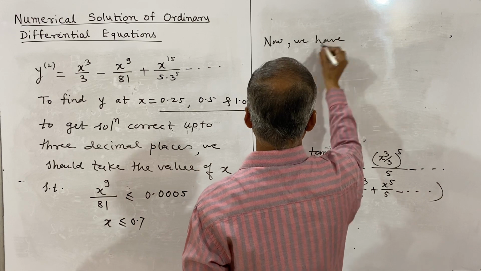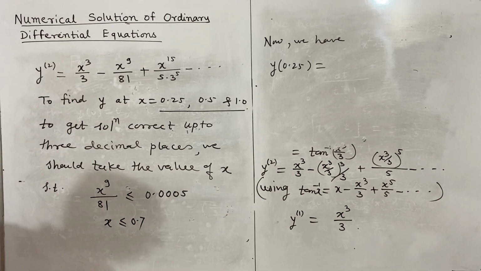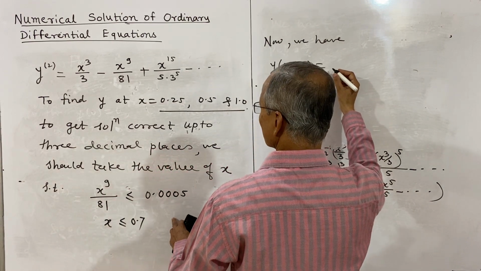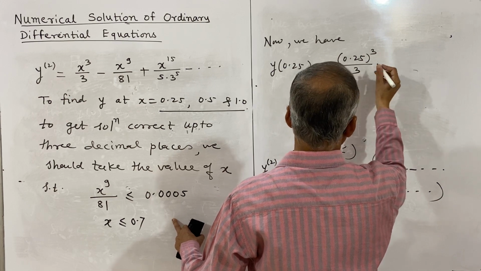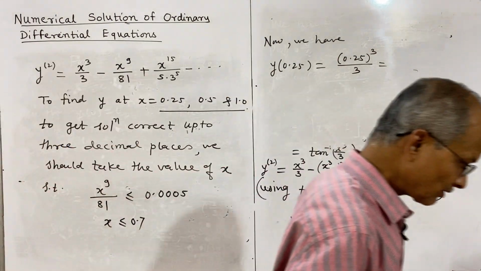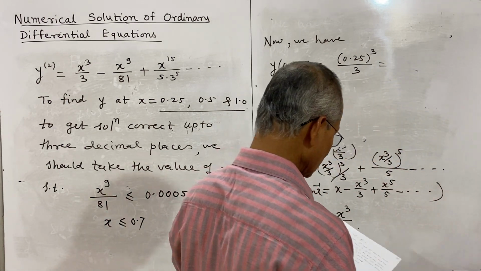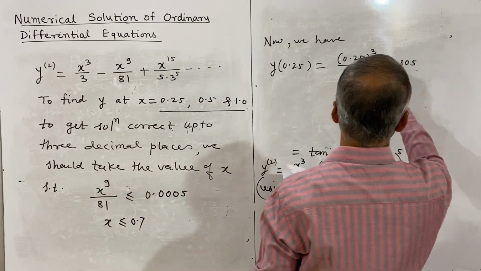Now, for y at 0.25, from the first term in the series for this approximation, y at 0.25 will be 0.25 cube divided by 3, and this value will come to a certain number, which I have calculated here. You can use a calculator to obtain this value.